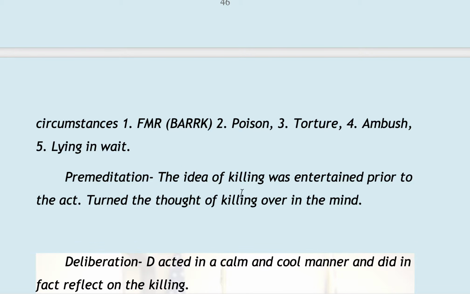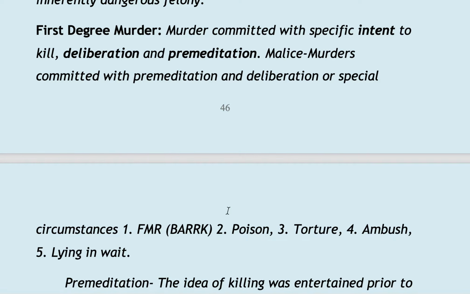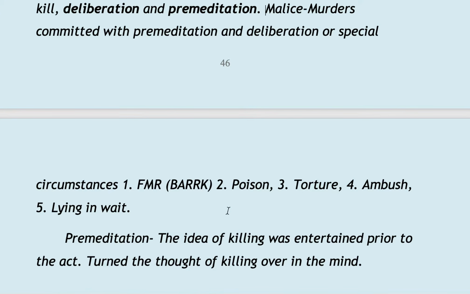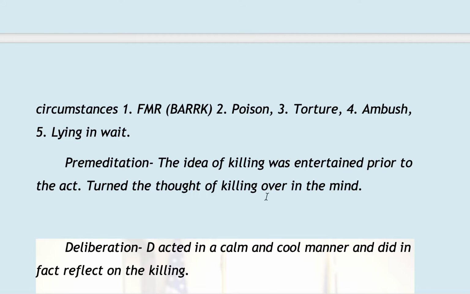Felony murder rule, FMR, BARRK, these are the different things, and then poison, torture, ambush, or lying in wait. So those are the malice murders, okay? And that includes these other crimes. So there's one, two, three, four, five.